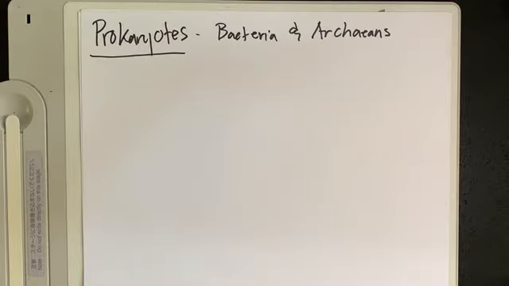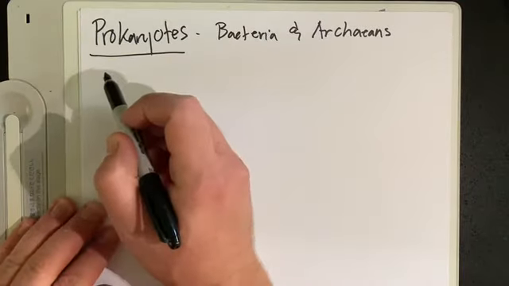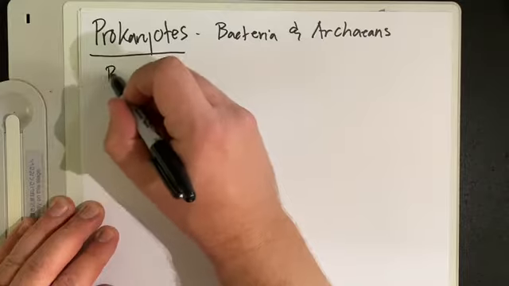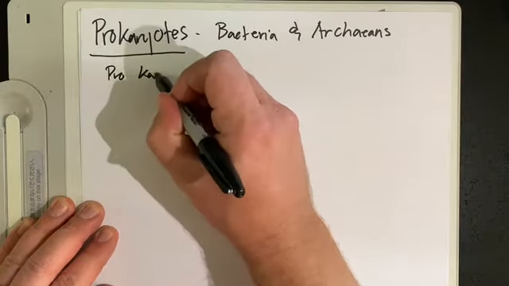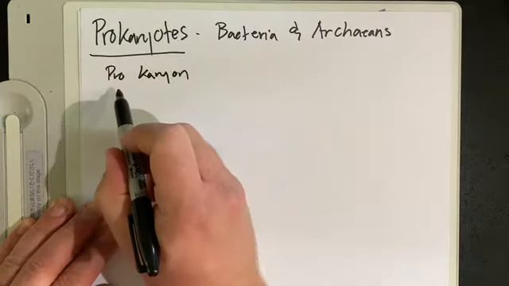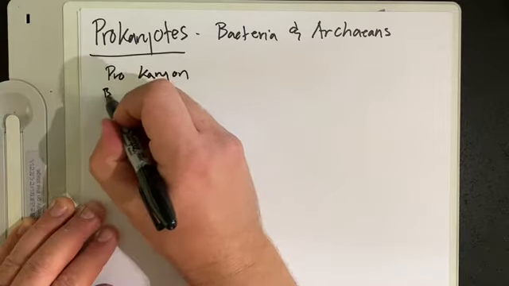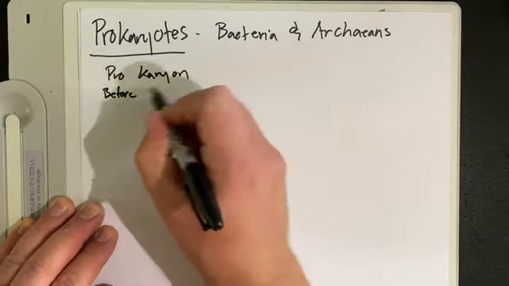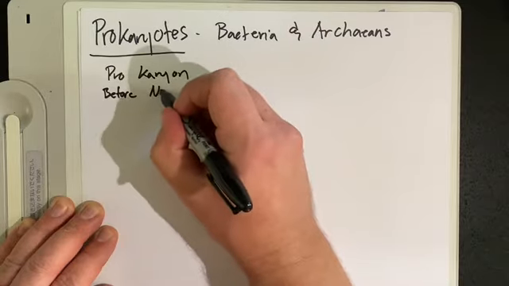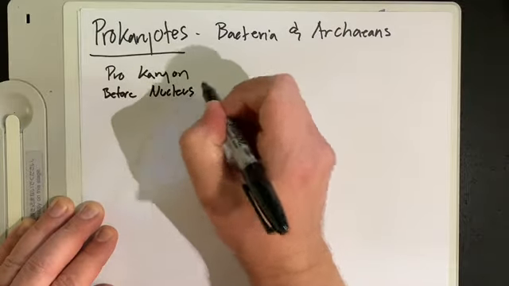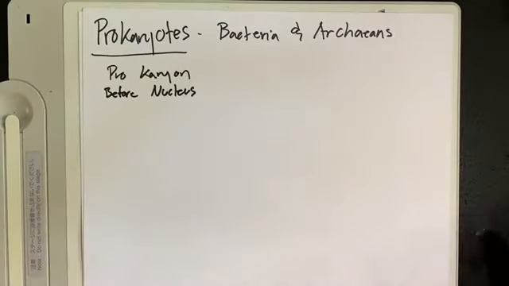When we break this down into Latin, it's prokaryon. The pro means before, and karyon refers to nucleus. So one of the things we know about prokaryotes is that they don't have a nucleus. We're going to talk specifically about what a nucleus is, and the importance of a nucleus in our other types of cells in a minute.